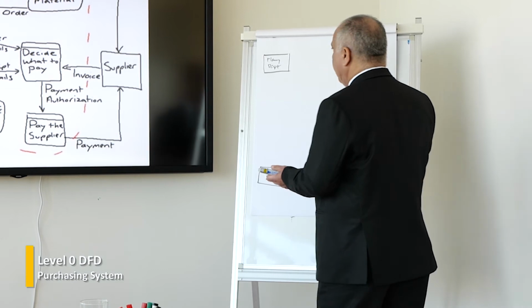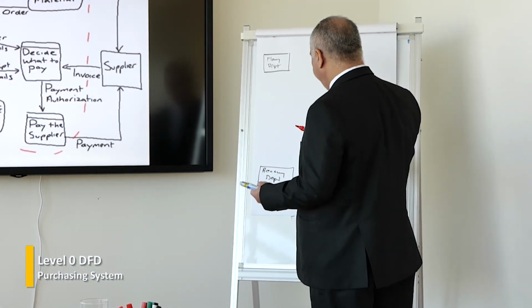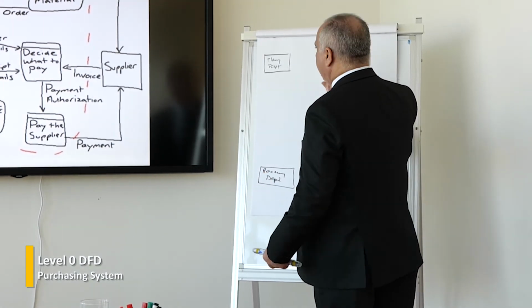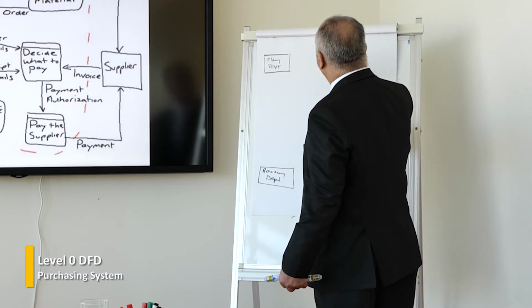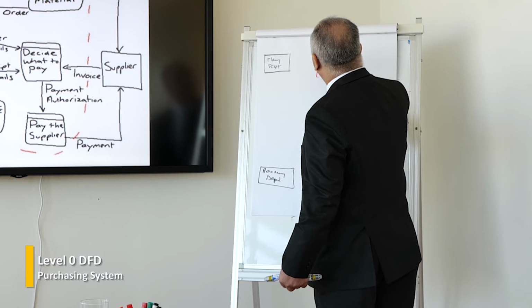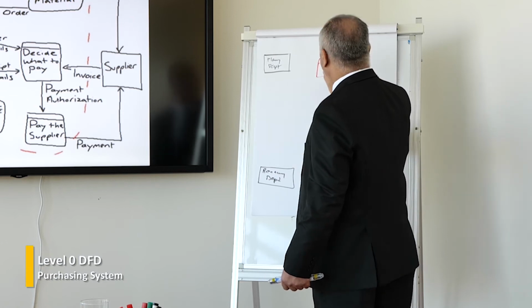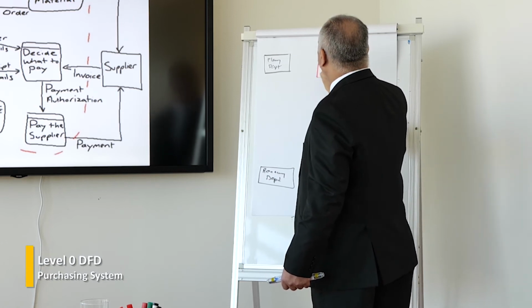Now, let's see how many processes we have. The first process I have is called the order process: 1, order material.